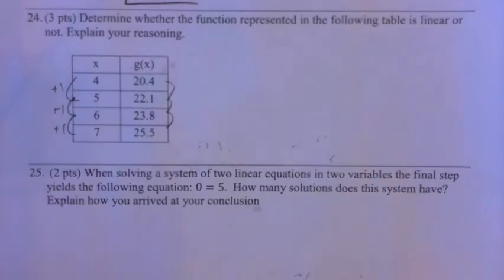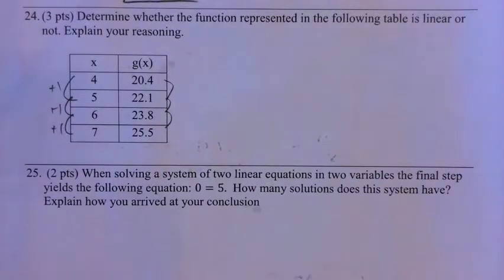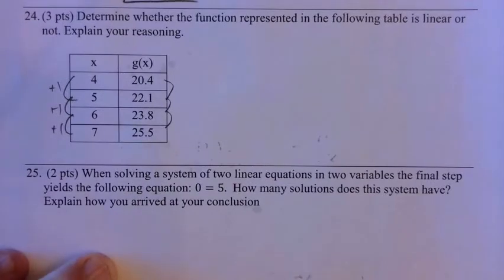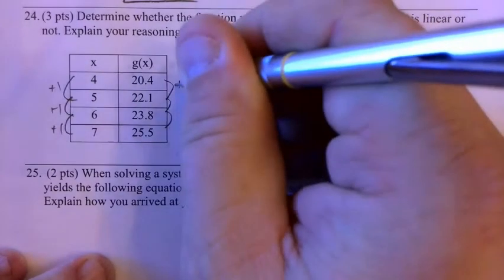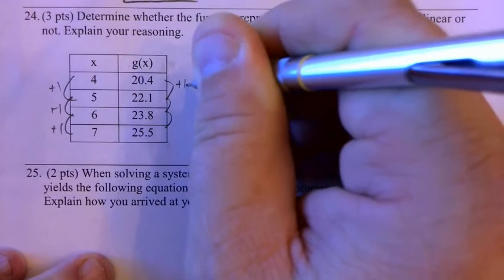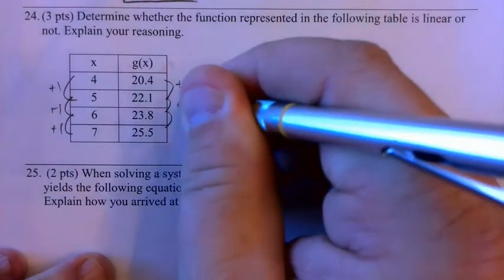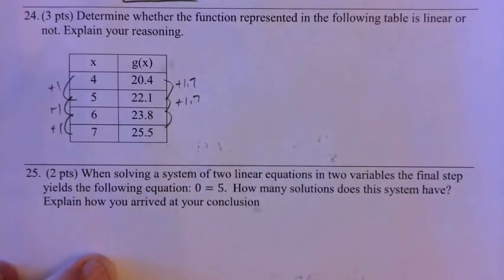So as long as the output value increases by the same amount every time. Sorry, I ran out of lead. I'll be okay. 22.1 minus 20.4, not 22.4, gives me 1.7. So that's going up by 1.7. 23.8 minus 22.1. That's also going up by 1.7.